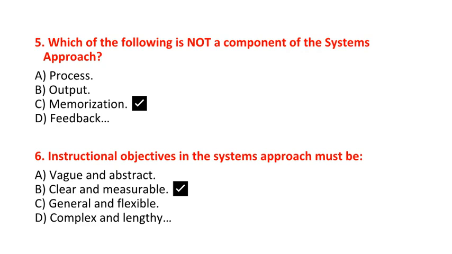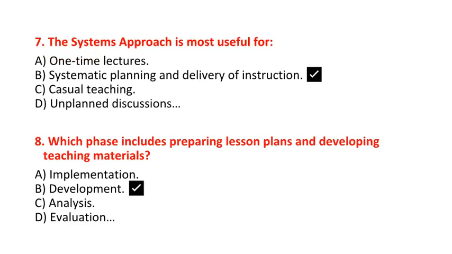C. General and flexible. D. Complex and lengthy. 7. The systems approach is most useful for A. One-time lectures. B. Systematic planning and delivery of instruction. C. Casual teaching. D. Unplanned discussions.